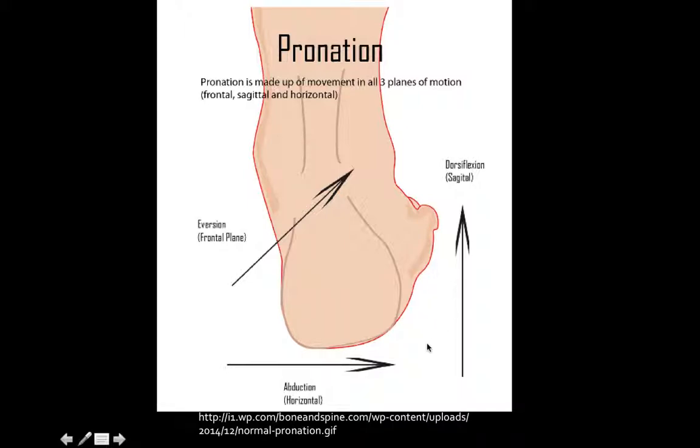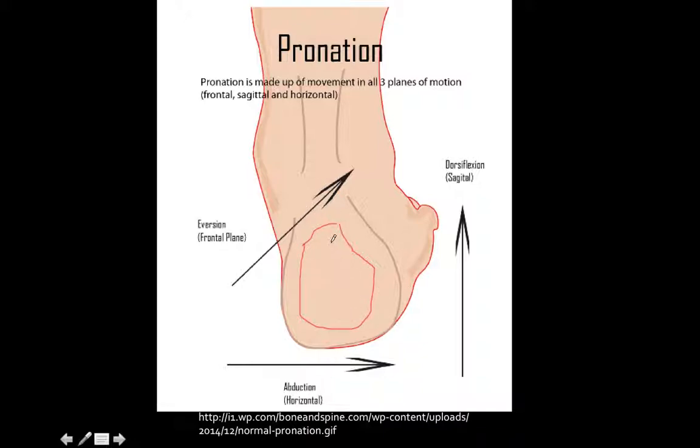So we have our dorsiflexion. So dorsiflexion is happening in our sagittal plane. We're going to have eversion right here. So this is what I'm talking about with the whole, let's see if I can draw. Alright, so our calcaneus is right here, right? And we're kind of this shape. This is a really bad calcaneus, right?